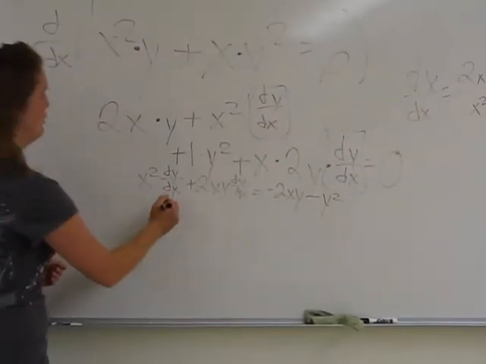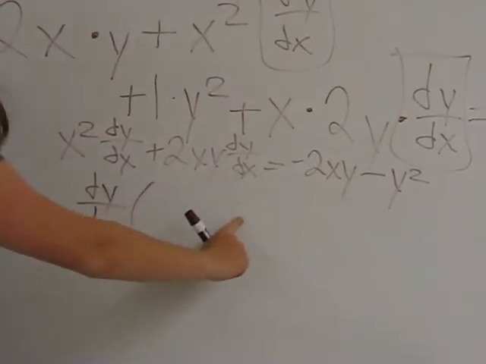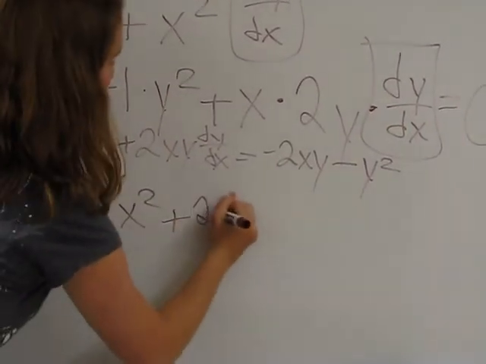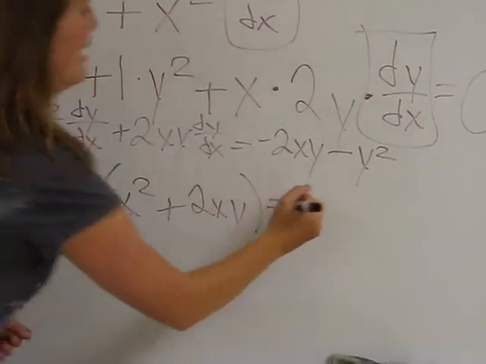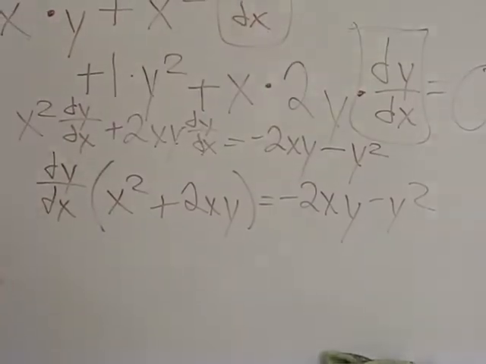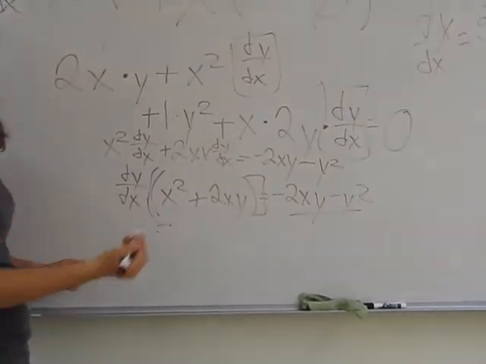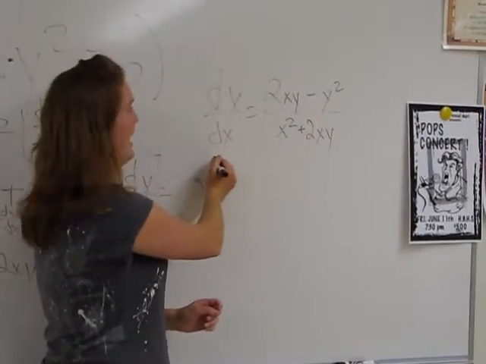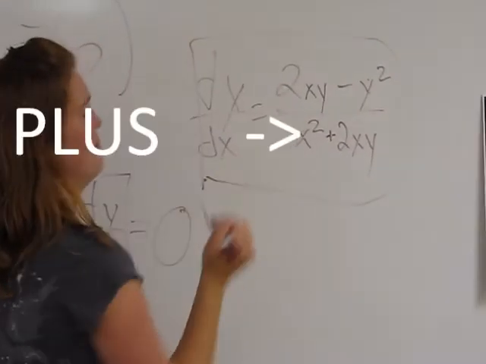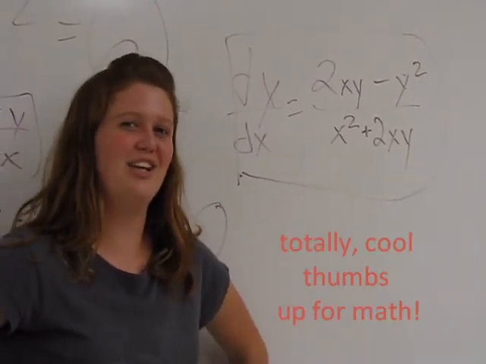Then we factor dy/dx out of this side of the equation, so we get dy/dx times x squared plus 2xy equals negative 2xy minus y squared. Now, if we divide both sides of the equation, we get dy/dx equals negative 2xy minus y squared over x squared plus 2xy. And that's your derivative. And now you know how to use implicit differentiation.